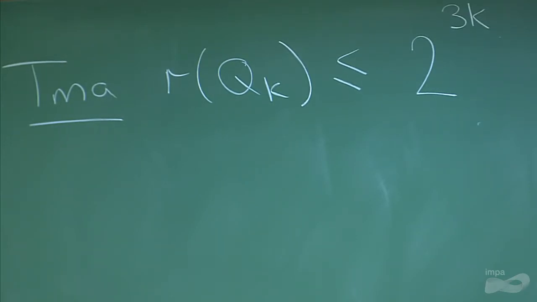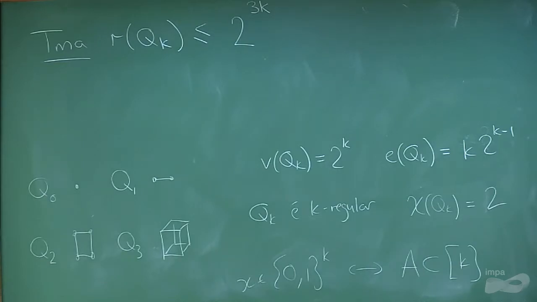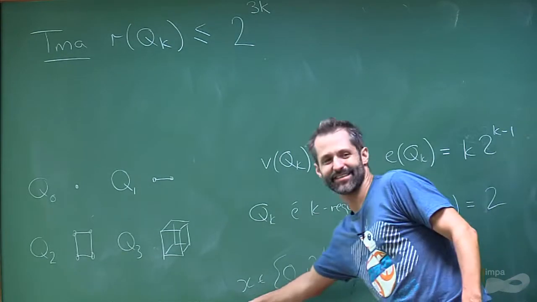Okay, is that a hint? Why is the chromatic number being 2 good? Because it's bipartite, right? And we just proved a lemma that was about bipartite graphs. Maybe I should put the conditions here because I erased them, didn't I?